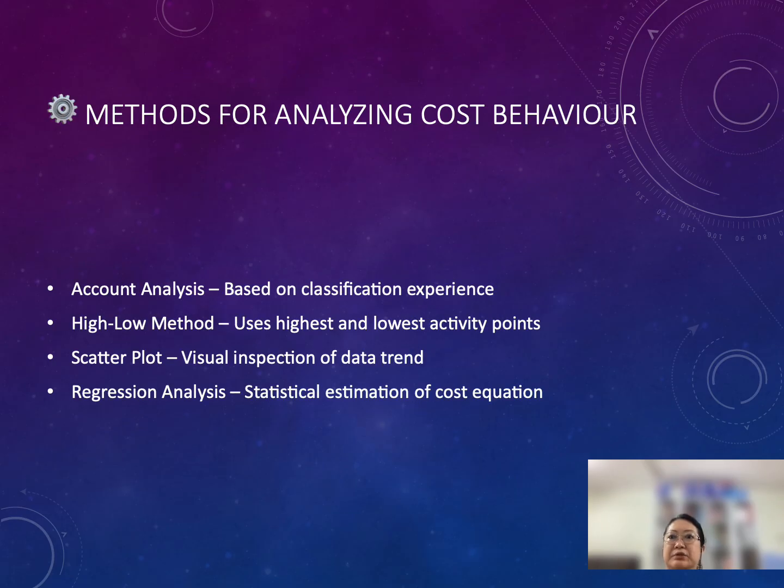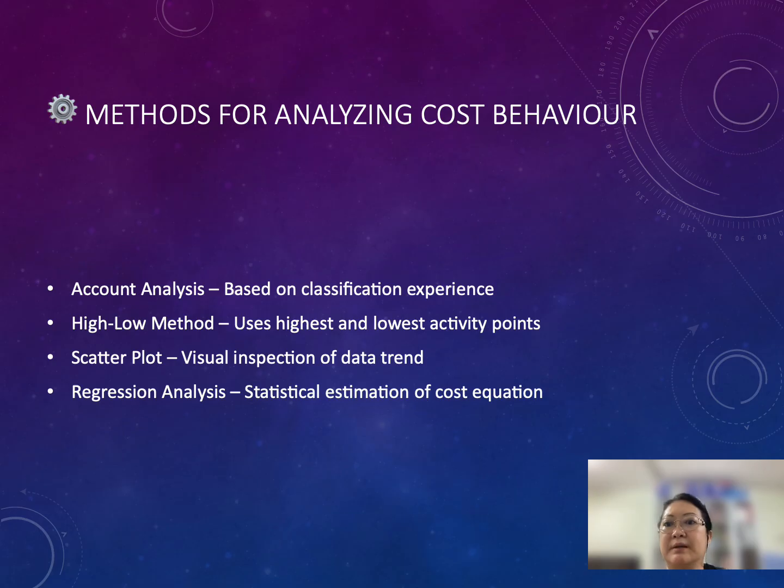Several methods are used to analyze cost behavior, such as account analysis, which is based on managers' classification, and the high-low method that uses highest and lowest activity points to estimate costs.